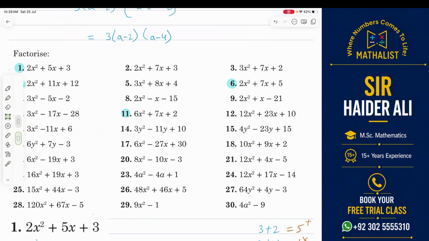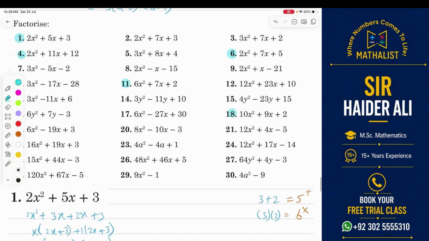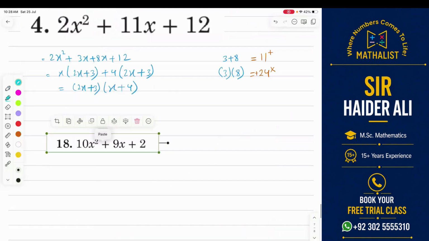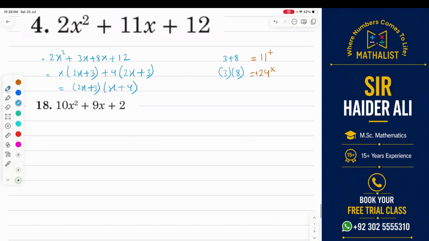Now this one. Yes, tell me which two numbers I write in the side part. 9, and also 20. By multiplying this number, the multiplied number is positive, so try to add two numbers.